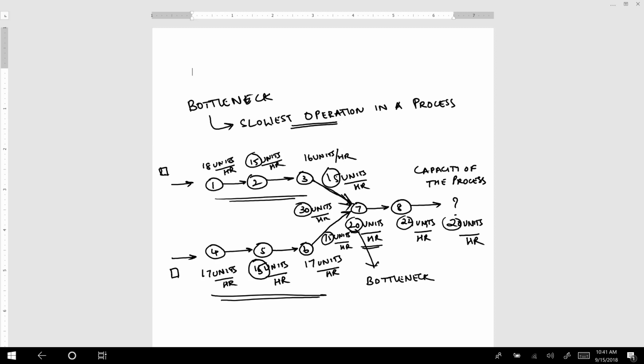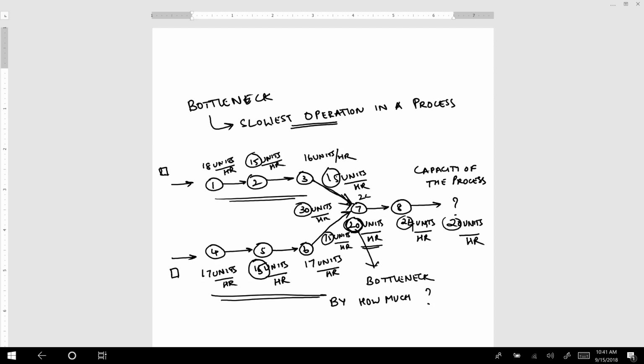So if we wanted to improve the capacity of this process, one thing we can do is increase the capacity of operation 7. So the question would be, by how much can you increase? We can increase operation 7's capacity from 20, because operation 8 has 24 units.